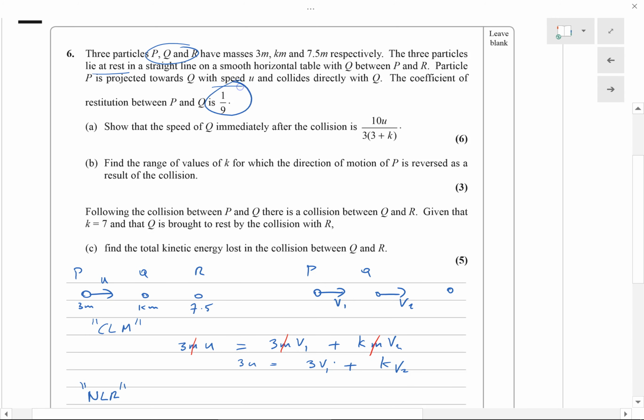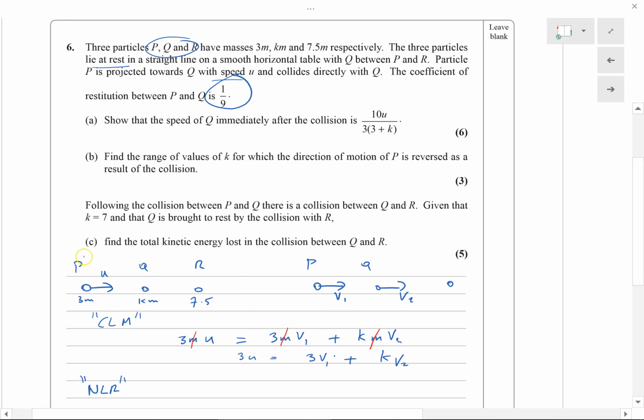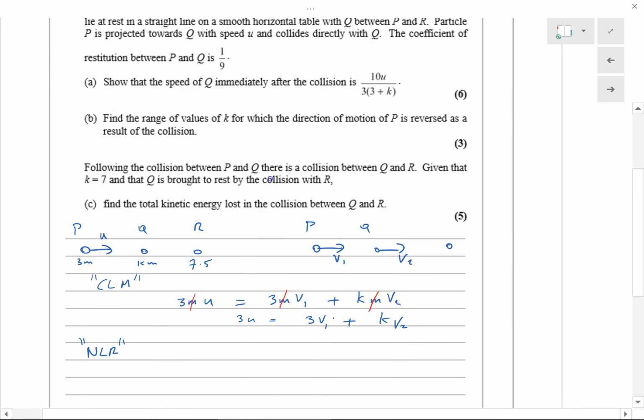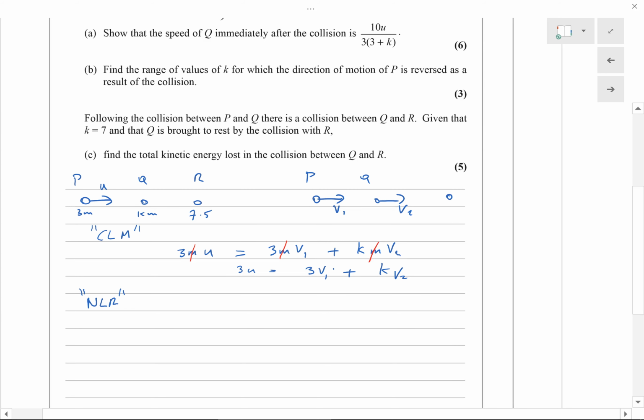restitution equation where we're given that between P and Q the coefficient of restitution is 1/9. Okay, so that means the coefficient of restitution is speed of separation over speed of approach.